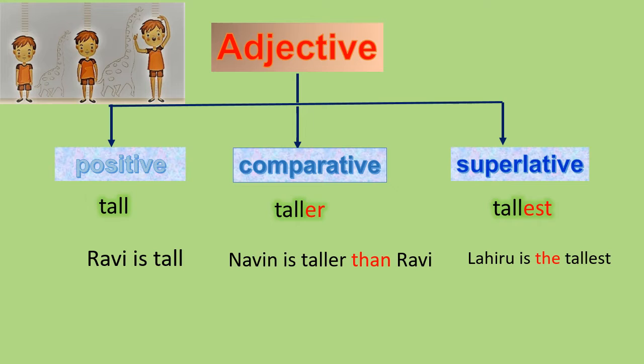So, here than and the, these two words are very important. They help us to identify the comparative and superlative forms clearly. And again, children, you have to remember, whenever we use comparative and superlative forms, you have to place than and the in proper place.